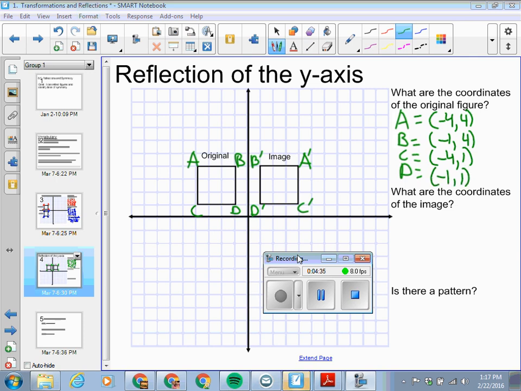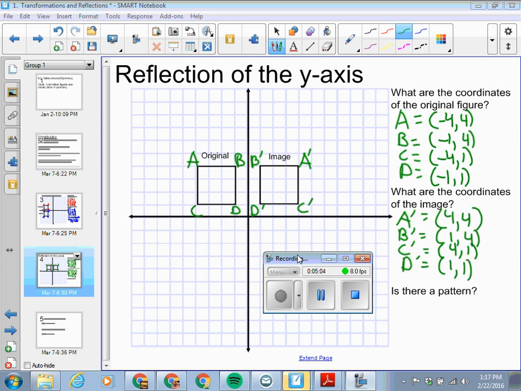Okay, and now for the image. So A prime, B prime, C prime, and D prime. So A prime is at 4, 4. B prime is at 1, 4. C prime is at 4, 1. And D prime is at 1, 1.